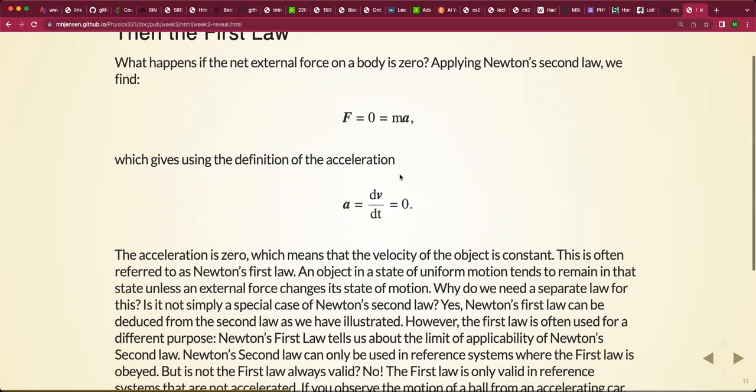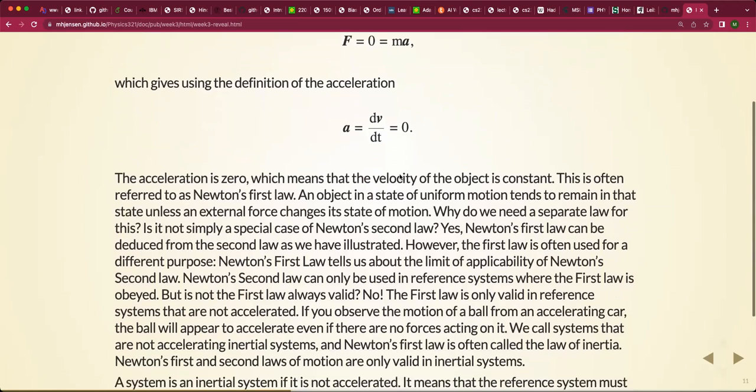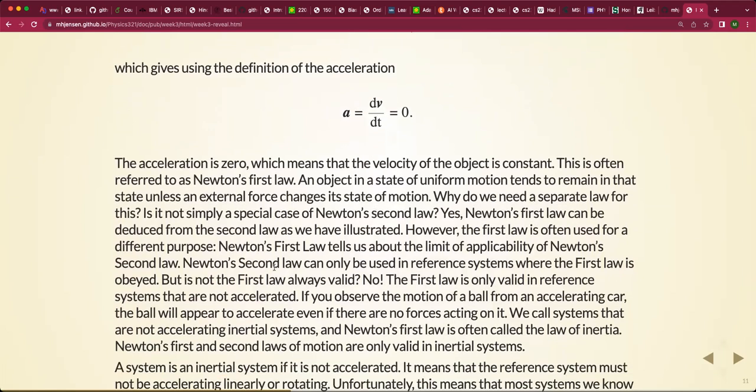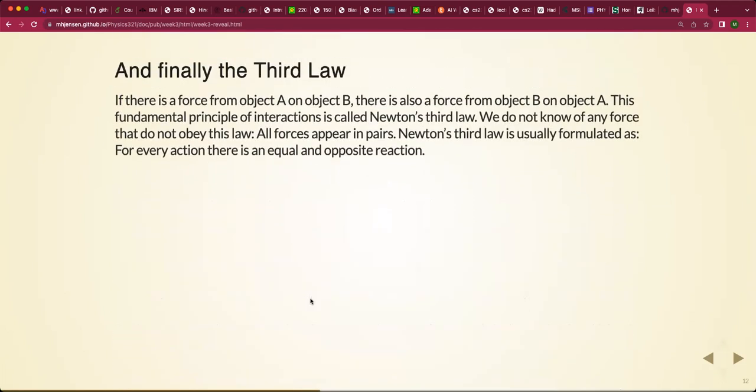You can read through what we have in the slides here, so I'm going to let you read through that and rather switch over to the whiteboard. So take a look at the slides, because this is just a quick reminder of the 3 laws of Newton, which we are going to use repeatedly. So let me just switch back to the whiteboard.